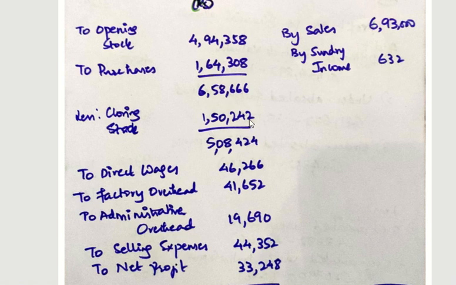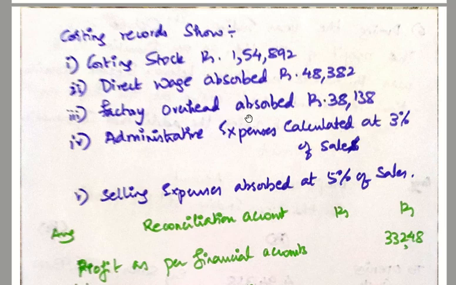By this, what do we get to know? That the closing stock in costing book is more than the financial book. So if there is overvaluation of closing stock, what will we basically do? We will minus it. Overvaluation is nothing but the excess which is shown in your costing books. So we will minus that excess.